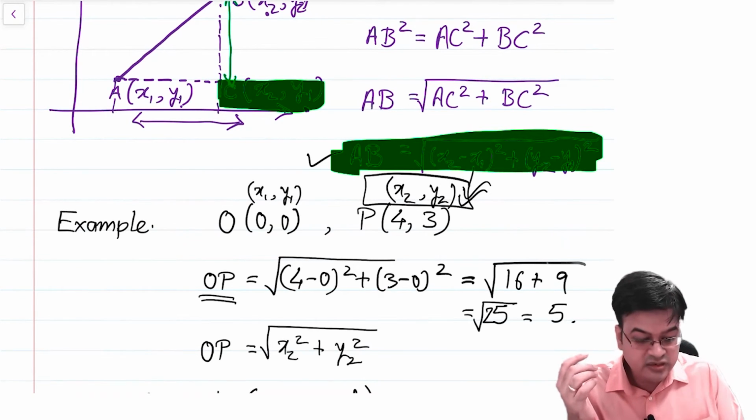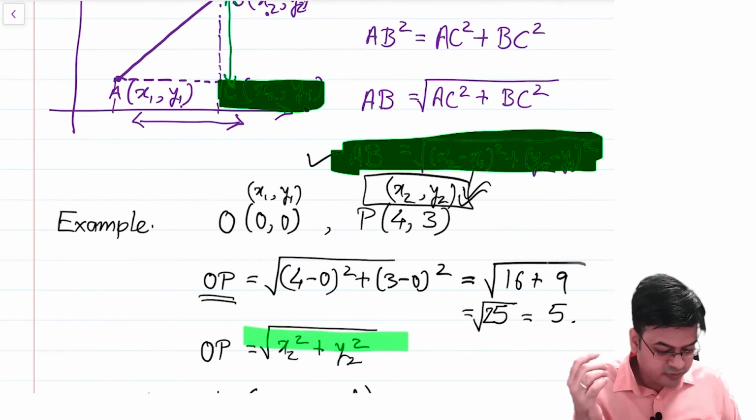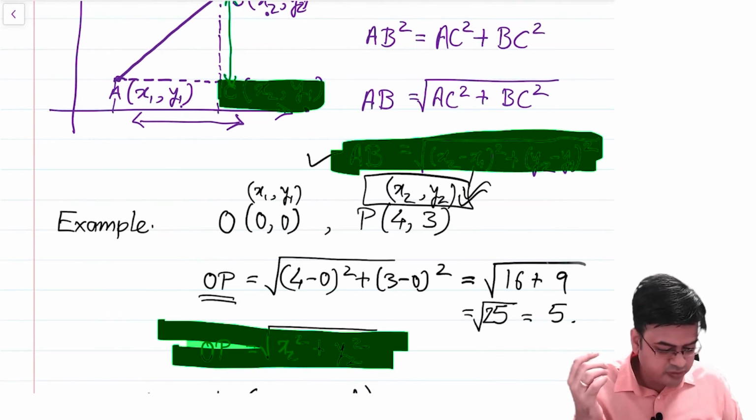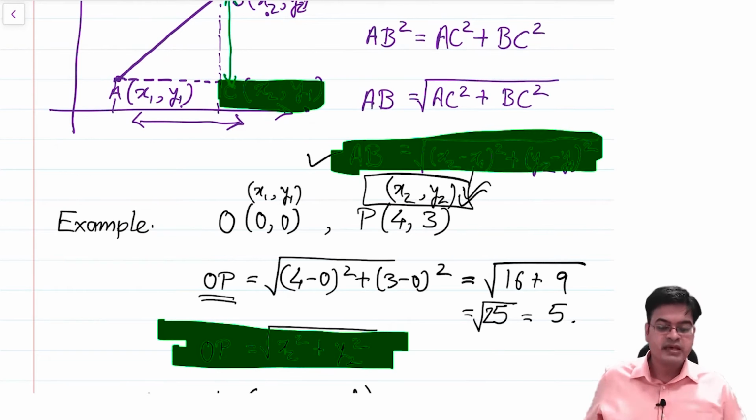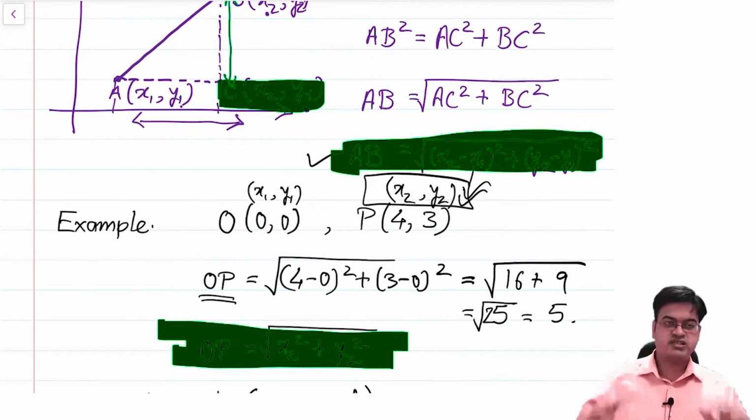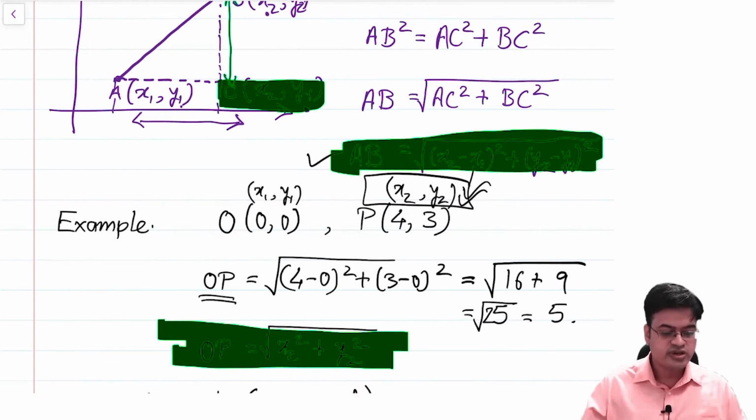This is another general formula that we have derived for finding the distance of a point from the origin. So we have a distance formula for a set of 2 points that are given to me. This covers all the cases that you need to study for a set of 2 points.